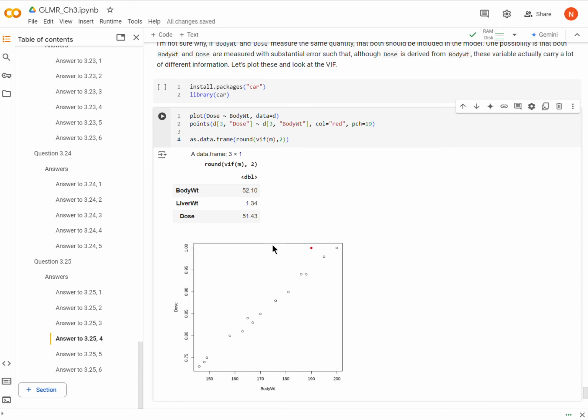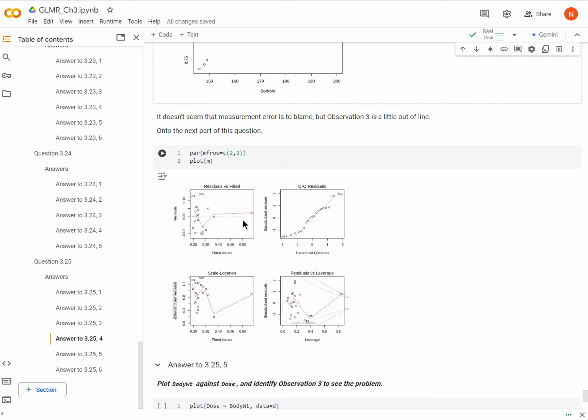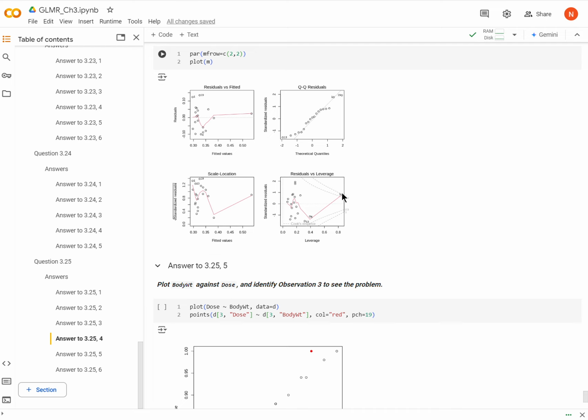Now, the next part of the question is we're supposed to show that observation 3 is highly influential, has large leverage, etc. And we can see that here. I don't know how well you can see it, but there's an observation here that surpasses our Cook's distance boundary that starts to qualify something as an outlier. So again, you could go through and find the actual hat values, etc., but these plots do a fine job here.